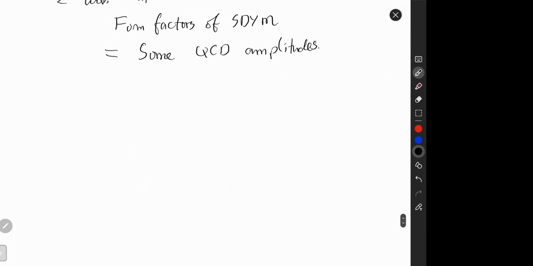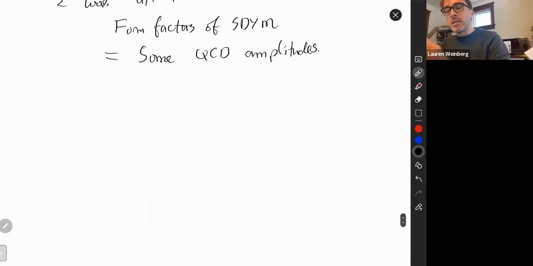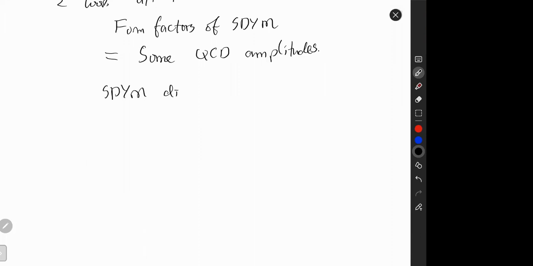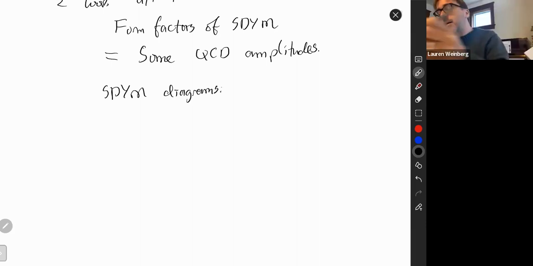So the diagrammatics work like this. The vertex looks like plus, plus, minus. The propagator takes a plus to a minus.